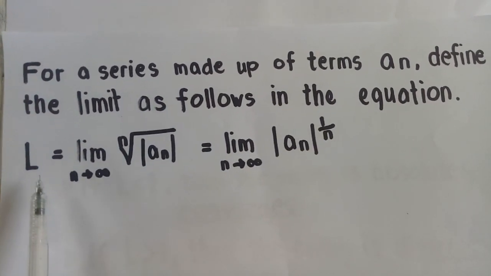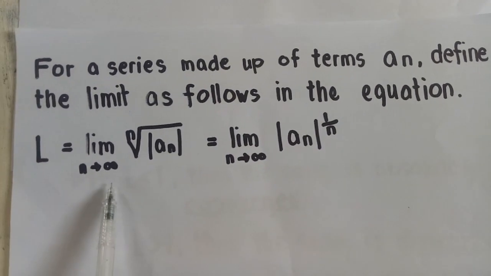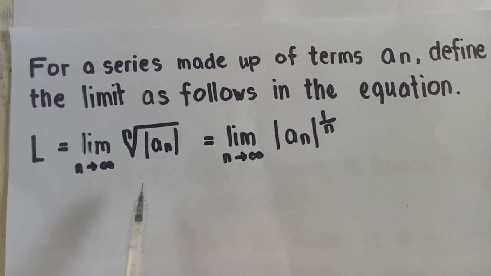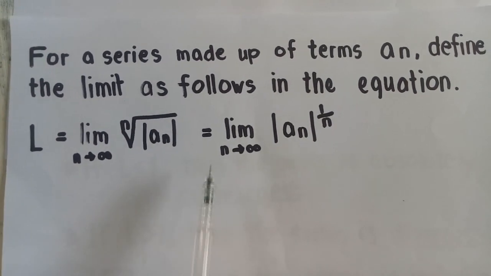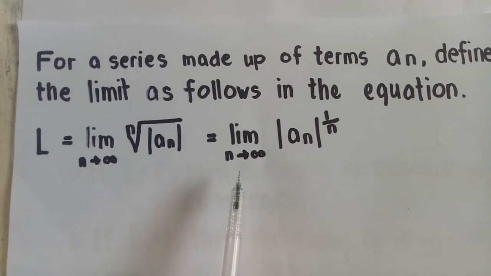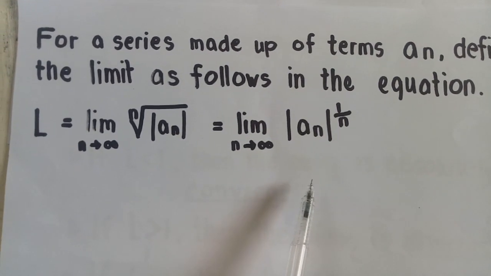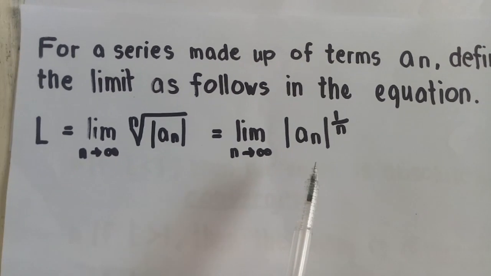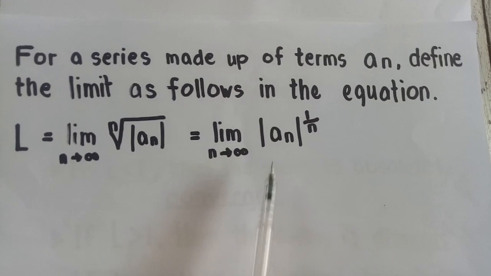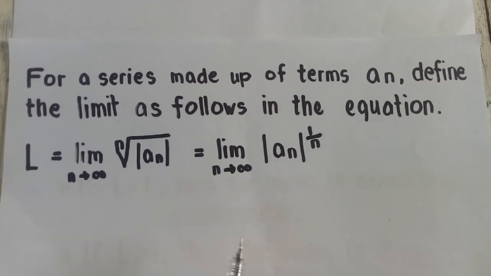So L is equal to the limit as n goes to infinity of the nth root of the absolute value of a sub n, which is equal to the limit as n goes to infinity of the absolute value of a sub n raised to the 1 over n. So this is what we will use to find whether the series converges or diverges using the root test.